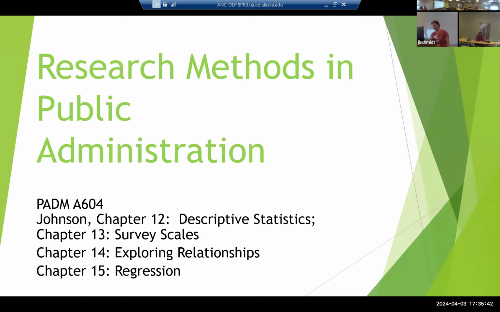But technically, we're gonna start to cover 4 chapters here. We'll still talk more about descriptive statistics and the survey scales. That comes from looking at the data and analyzing, say, ordinal versus nominal, learning about the different types of data and how to plot out frequencies. We're gonna get into exploring relationships, so measures of association.